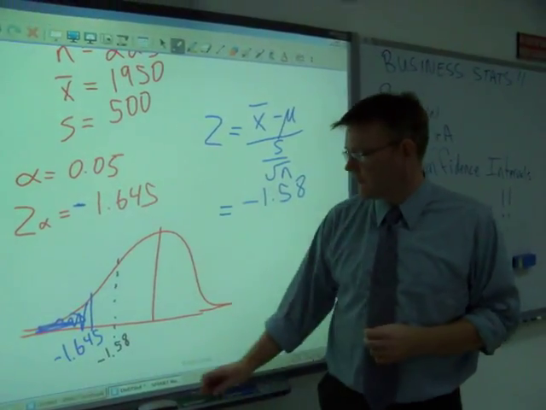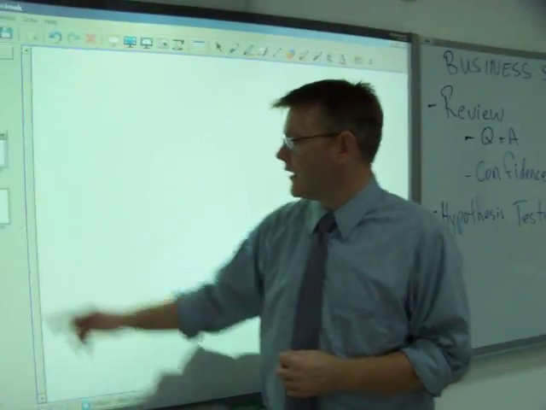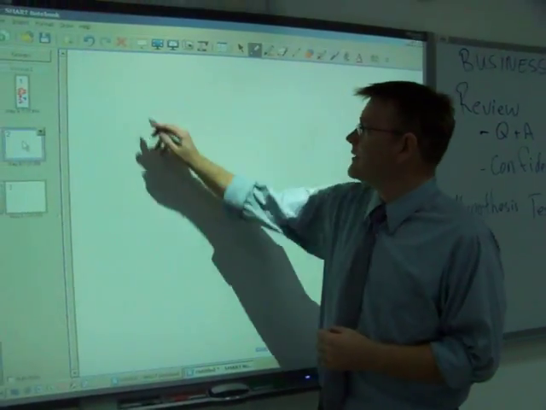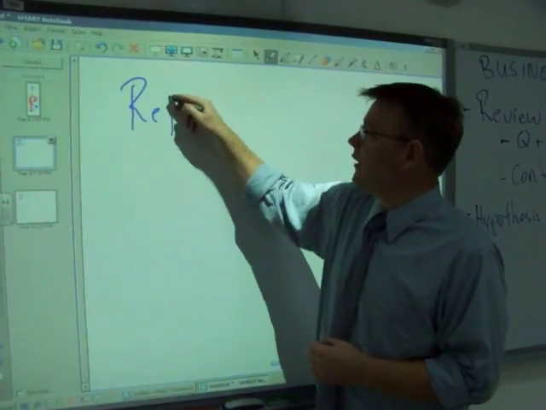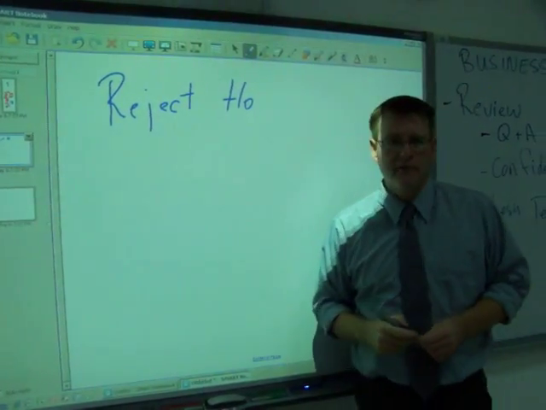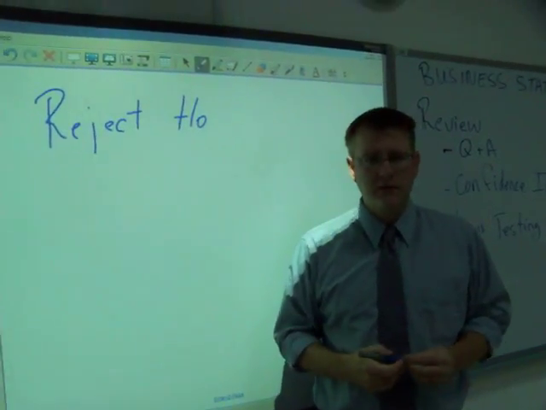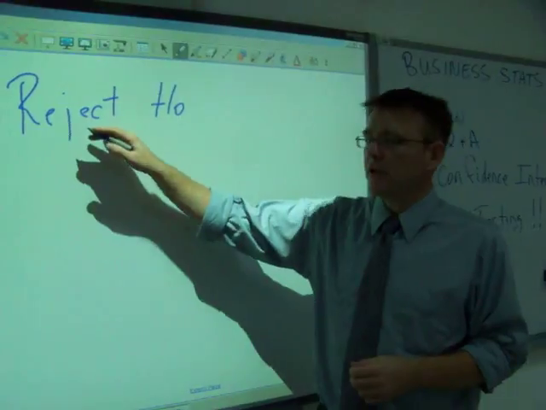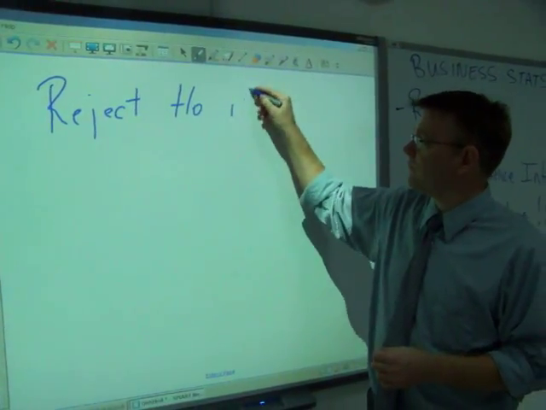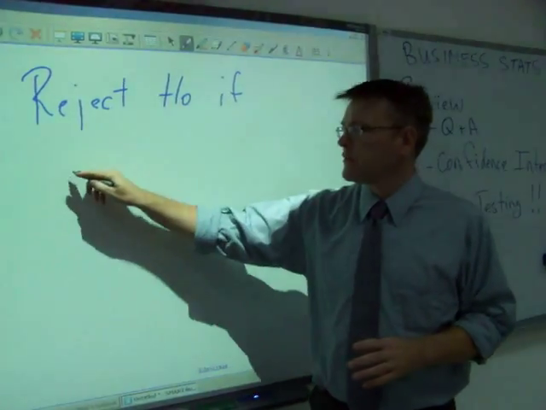So what we can do from this point, I'm going to move to a different slide, is introduce our rejection rule. We will reject the null hypothesis, or the manufacturer's claim that the batteries last at least 2,000 hours, by looking at this rule. Now I'm going to simplify this rule by using absolute values.